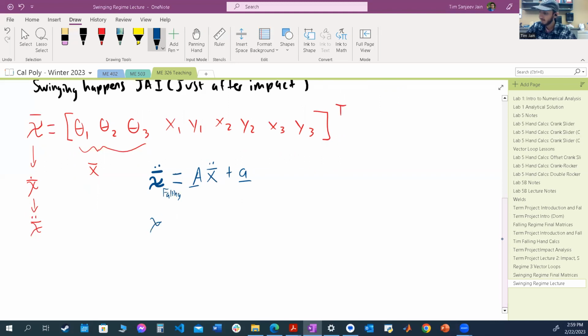So chi double dot in the swinging regime, sorry, is going to be equal to, we'll call it a B vector, B bar x double dot, plus little b.